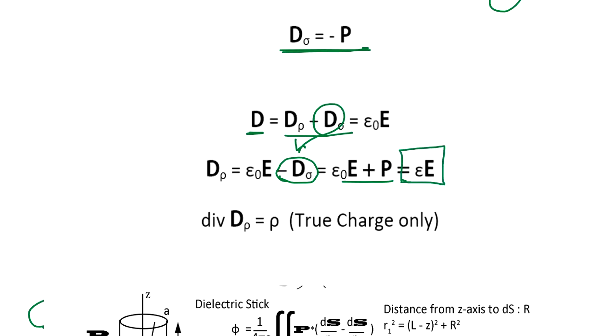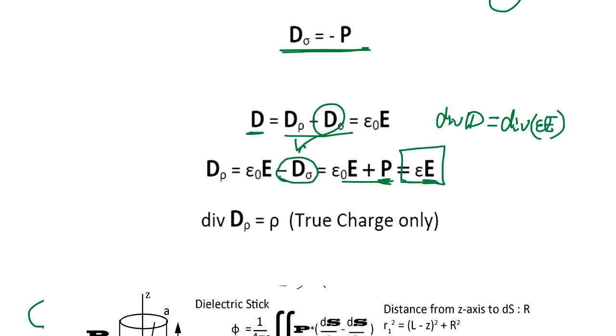So what happens is divergence D is divergence epsilon E, right? And within epsilon E, the flux and P is going to be circling around the same quantity.